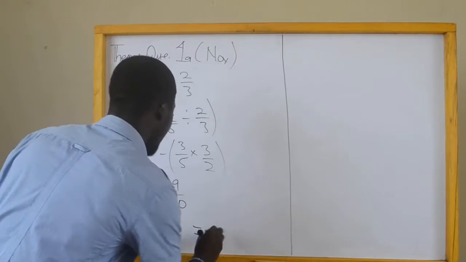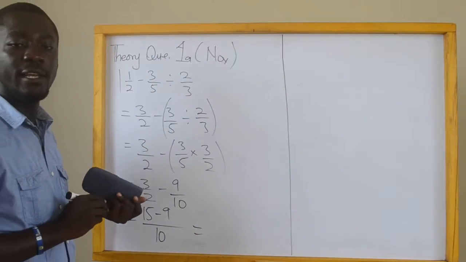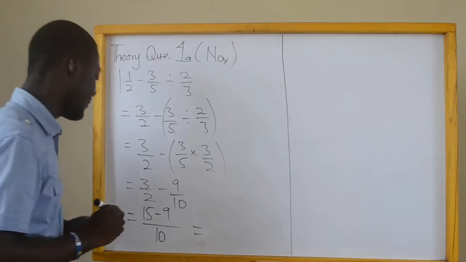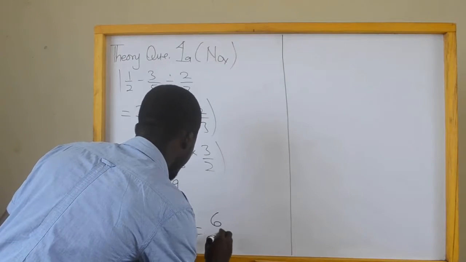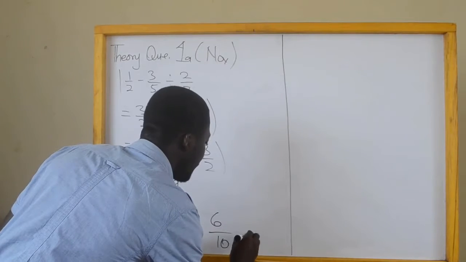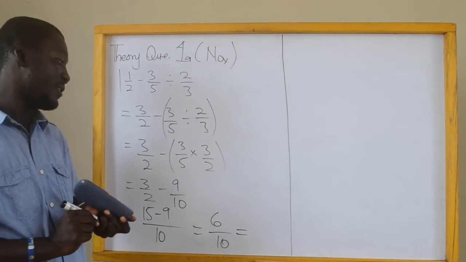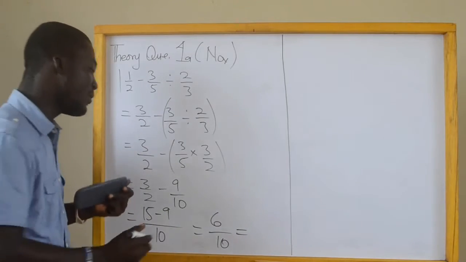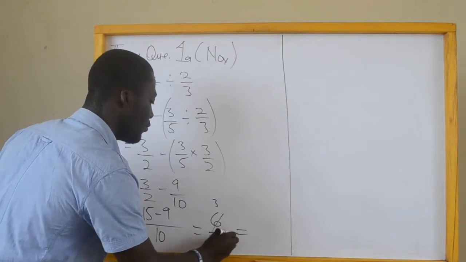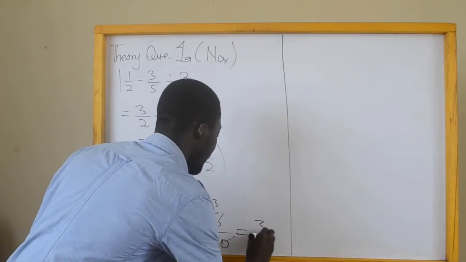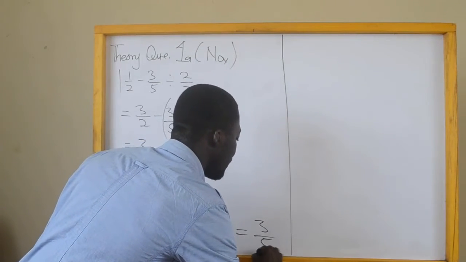So at the end, 15 minus 9, we are going to get 6. So 6 divided by 10. And there is a factor that can divide 6 and 10, which is 2. 2 goes into 6, 3, 2 goes into 10, 5. And our result will be 3 over 5, which is a proper fraction.